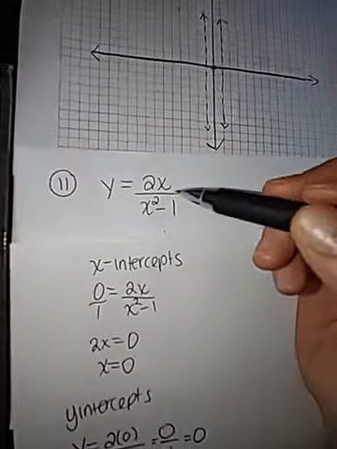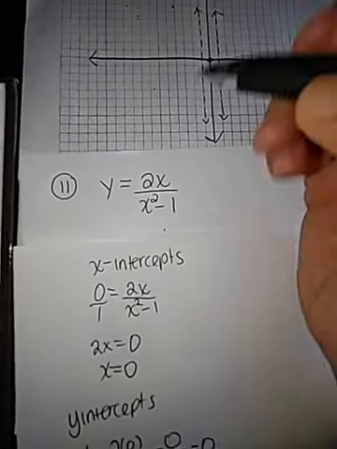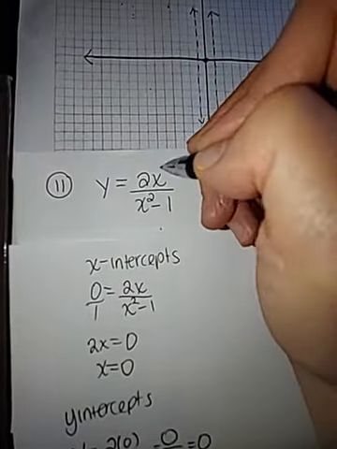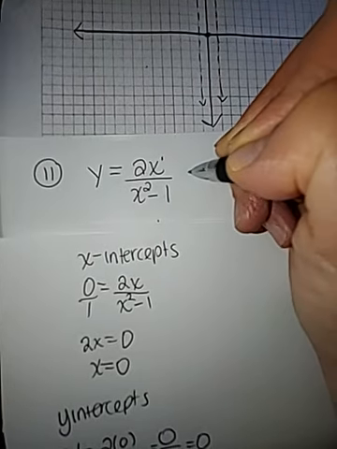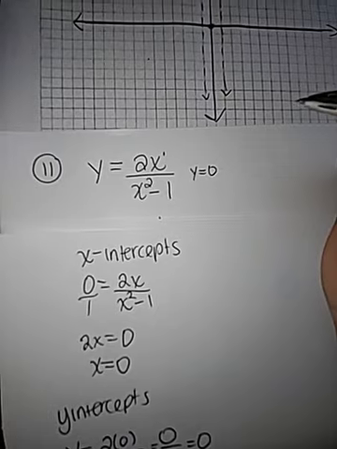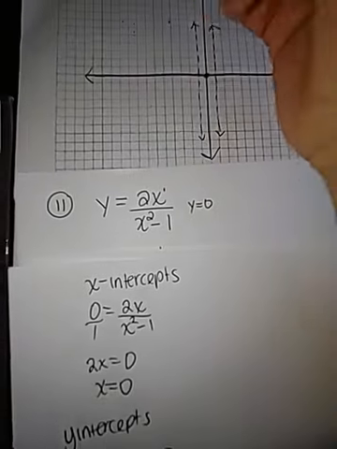Okay, I also can look for a horizontal asymptote. So if I look at my graph, the degree on the top is 1 smaller than the degree on the bottom, which means that my horizontal asymptote is y equals 0.